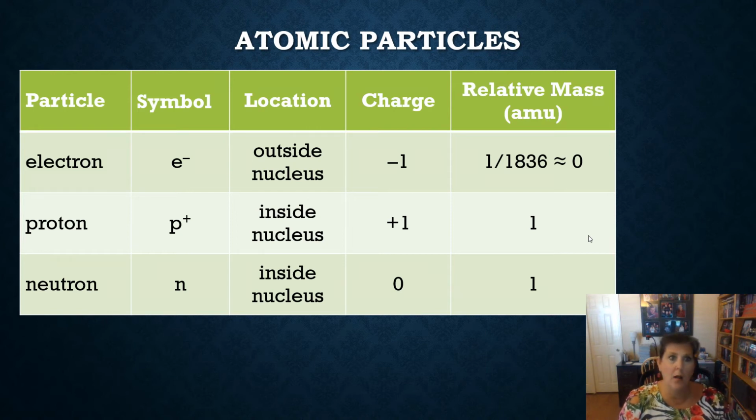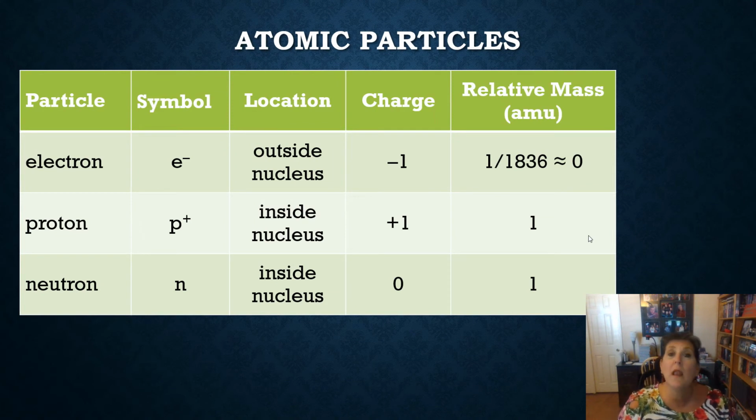It's so small. Remember I said electrons were tiny. So their mass is basically zero. It's negligible. Kind of like if you went to give your landlord a penny. Landlord's not going to take a penny for your rent. It's negligible. The mass of an electron is basically zero.